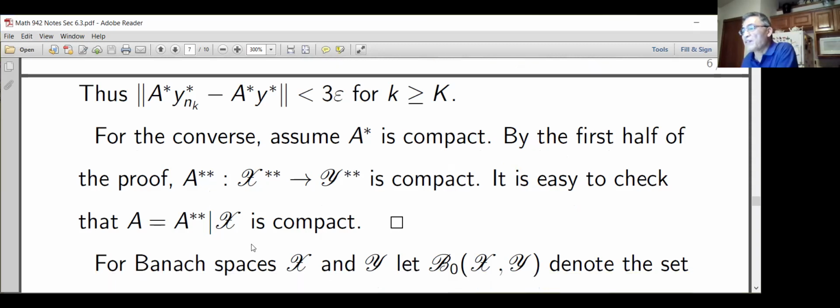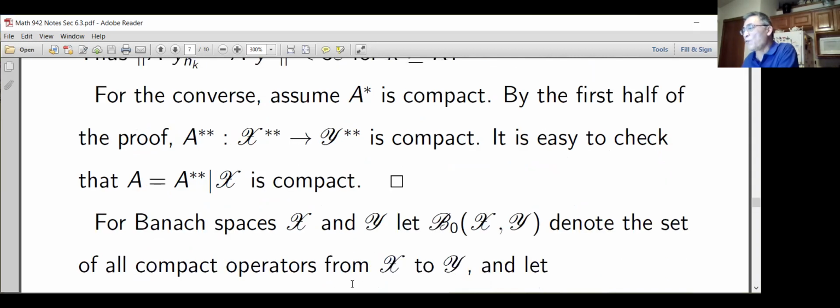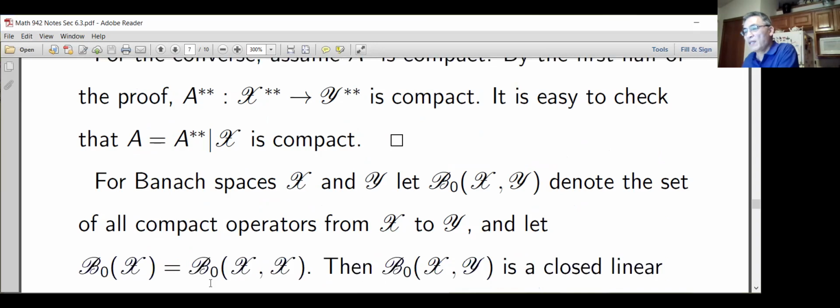Now, for Banach spaces X, Y, let B0(X,Y) denote the set of all compact operators from X to Y, and let B0(X) equal this. That means if the operator is from X to the same space X, we can write it with just one X. Then B0(X,Y) is a closed linear subspace.